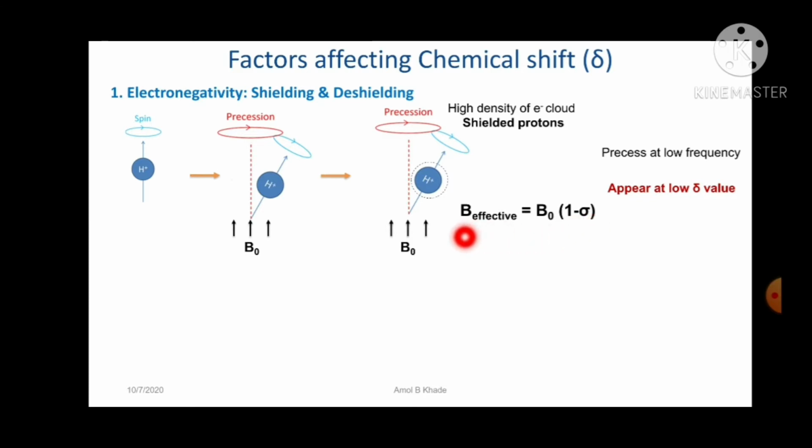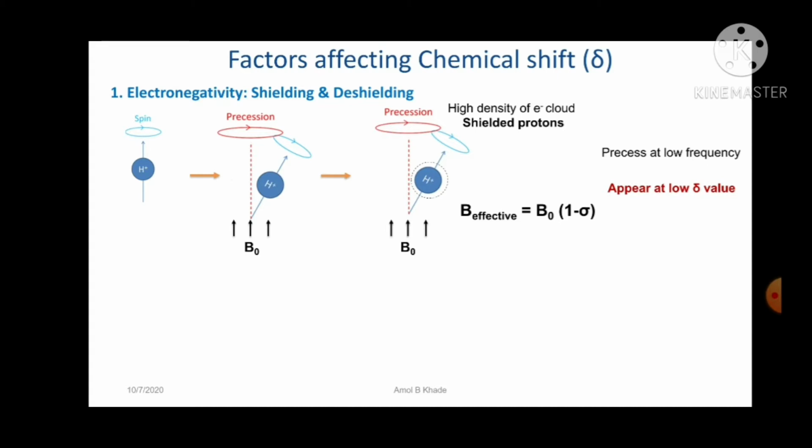So we can write B effective is equal to B0 into 1 minus sigma. Now this sigma is nothing but the magnetic field generated by the electron cloud surrounding the nucleus. This is usually very small, in the order of 10 raised to minus 6, and that is how there is a small shift in the actual position of this set of protons. That's why we usually record the delta values in ppm.